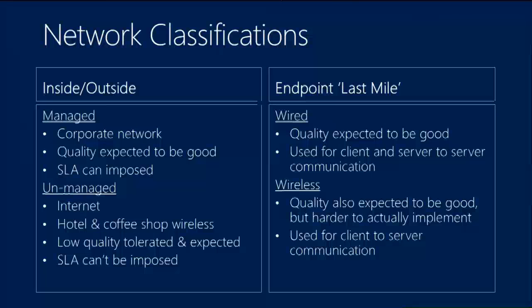Are they on the managed network? So the network where we can impose restrictions, perhaps QoS, and we can also make sure that the quality is good. Or are they on an unmanaged network? Are they, for instance, here in the conference? Are they in a hotel, Starbucks, and so on?